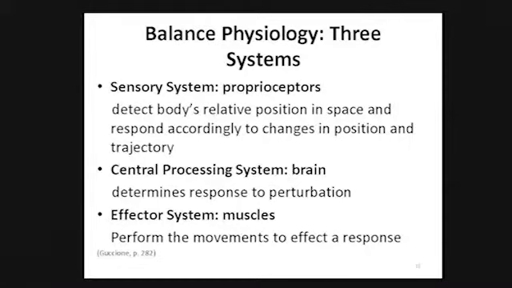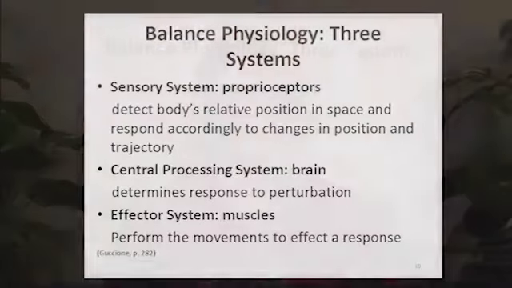You have your sensory system, your proprioceptors, your central processing system, of course your brain, central nervous system, and the effectors, the muscles that make these reactions occur. Let's take a look at each of these in turn. Sensory. Proprioceptors detect the relative joint position and movement of the body in space and respond not only to the changes in position relative to the earth, but changes in trajectory, direction, speed.